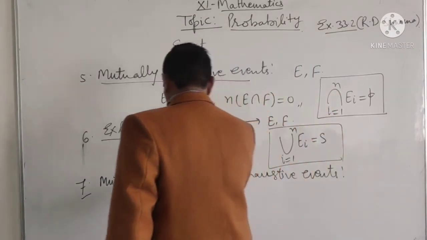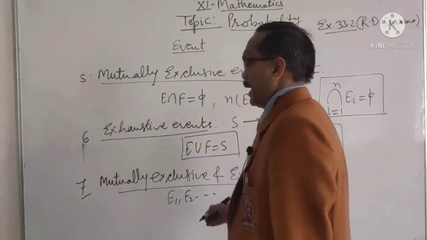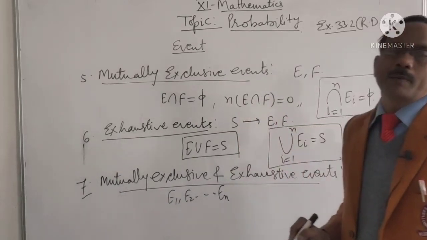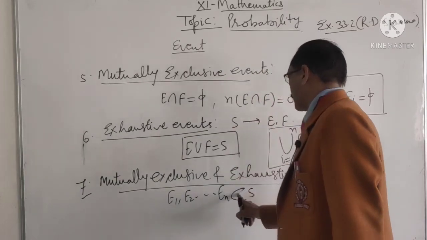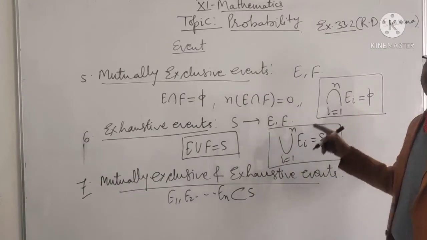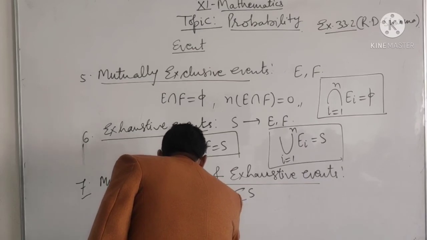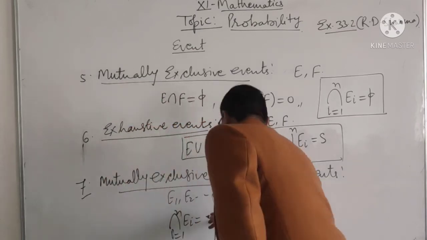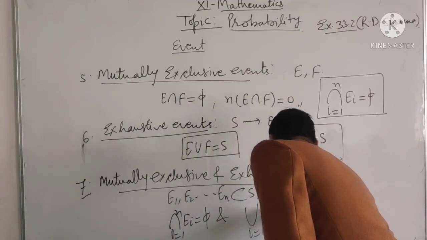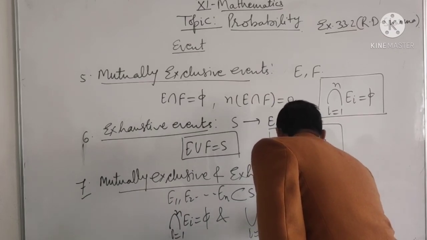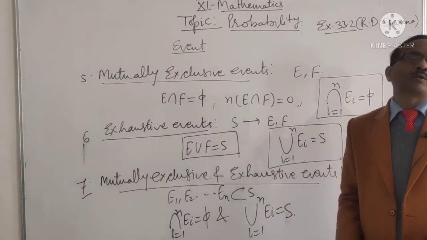If E1, E2, till En are n events of a sample space S, and these both the cases are coming simultaneously, intersection equal to ϕ and union i equal to 1 to n, Ei equal to S, making the sample space S, then events are said to be mutually exclusive and exhaustive.